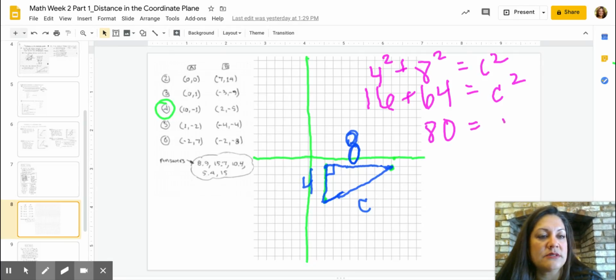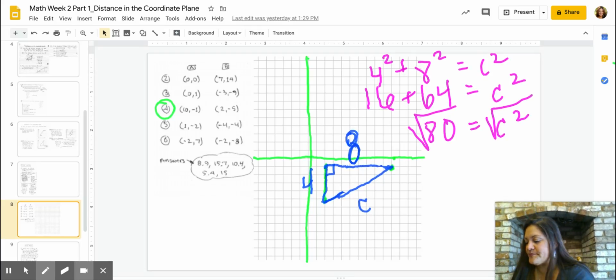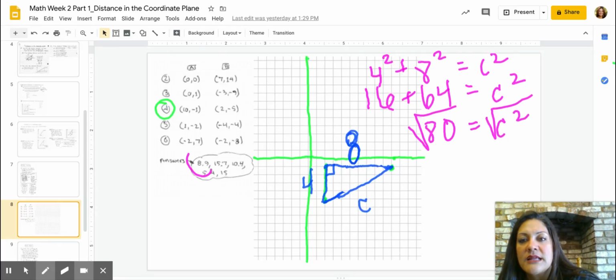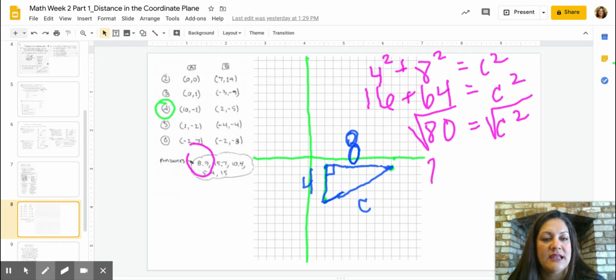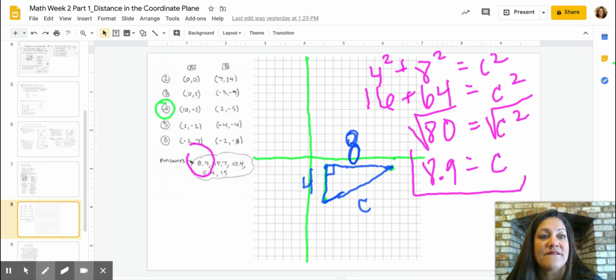Yes, 80 equals c squared. Square root of both sides. 8.94. Yes. 8.9 equals C. Final answer.